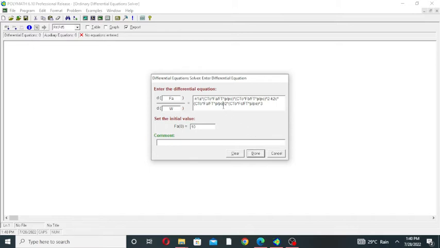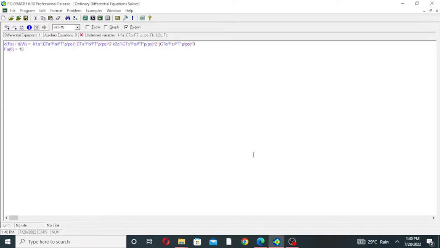Here we can write the parenthesis bracket. So now we can click on done. So this was the first equation.